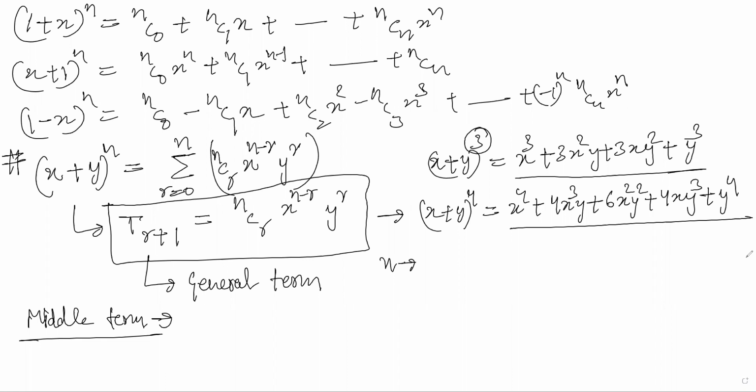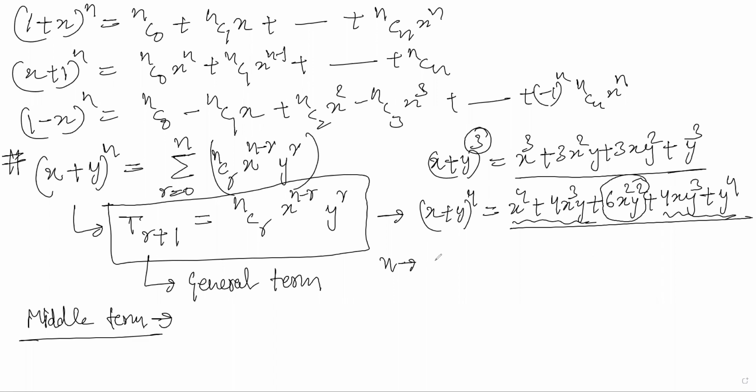Okay. Maz, Iram, what's the middle term in this case? 6x square y square. Correct. 6x square y square, because it has the same distance from this. There are 2 terms behind this and there are 2 terms after this. So it's the middle term, right? Everyone do get this, right? That this is the middle term.